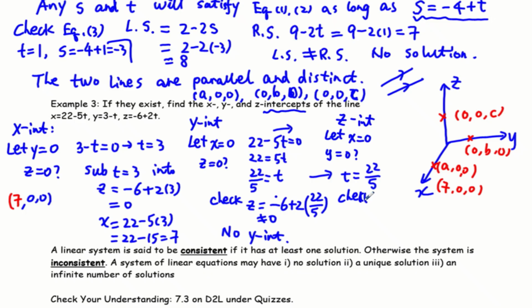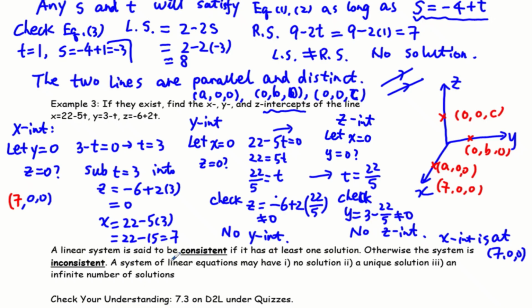Sub in: y equals 3 minus 22 over 5, which is not 0, so it means no z-intercept. Okay, so this is how we do it. We only have the x-intercept at (7, 0, 0), so it's not always the case that a line will have x, y, z intercepts.